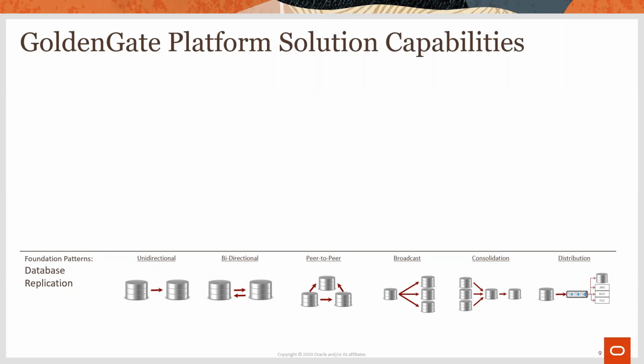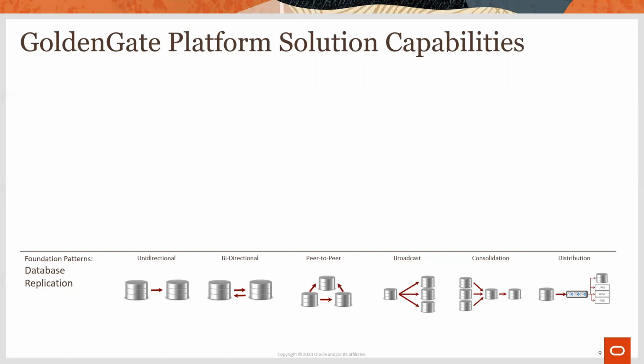of use cases with these patterns. There's the unidirectional pattern for replicating from database A to database B. There's the bidirectional pattern, which is often used for active-active or dual active databases. There's the peer-to-peer model, which can also be set up for what's called multi-master replication. So if you're continuously keeping 3 or more primaries in sync with one another, you can use GoldenGate for that.